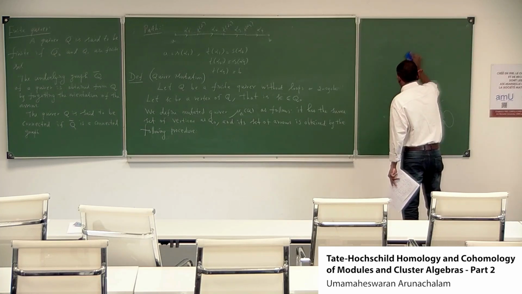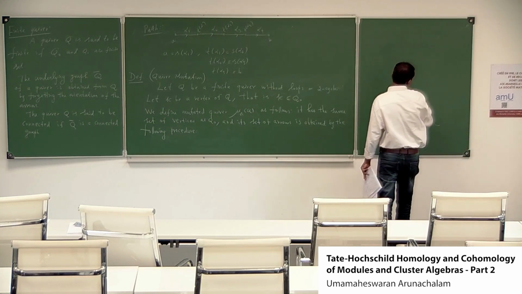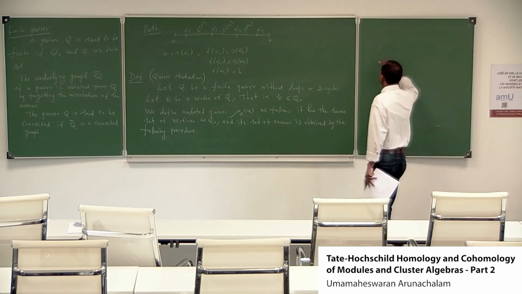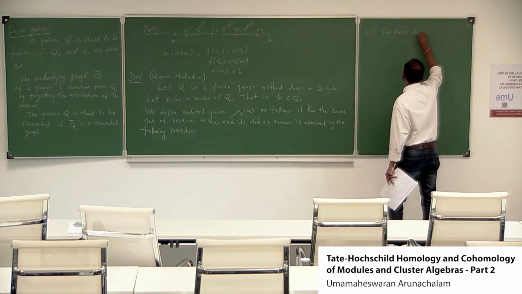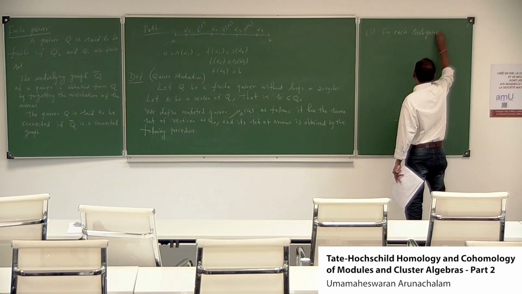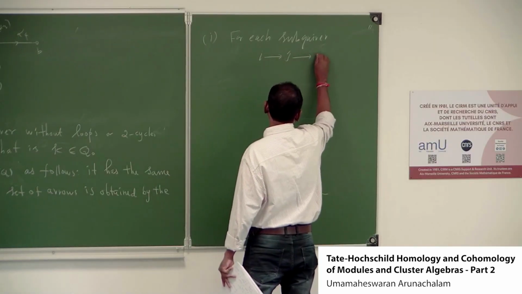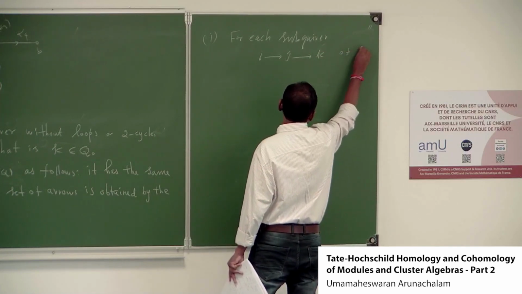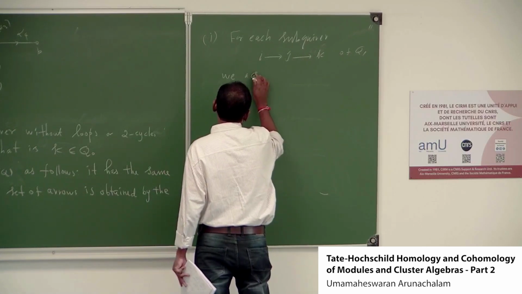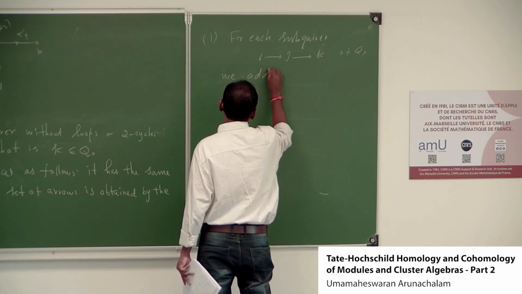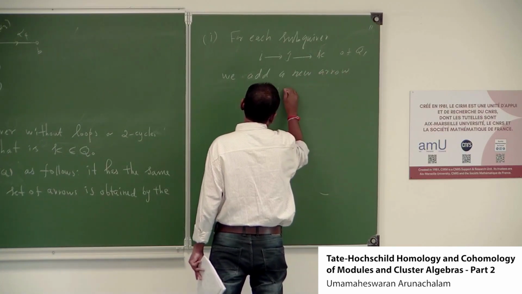First, we have to consider, for each subquiver I into j into k of Q, we add a new arrow I to k.